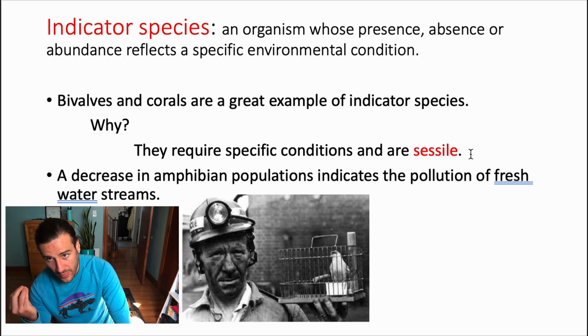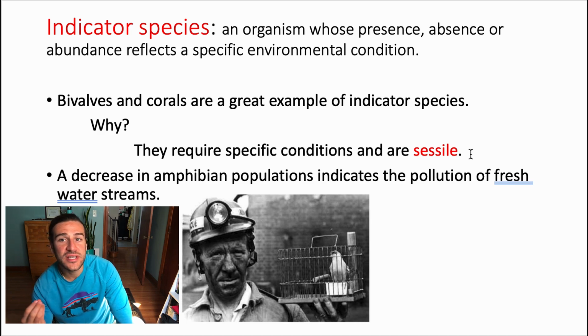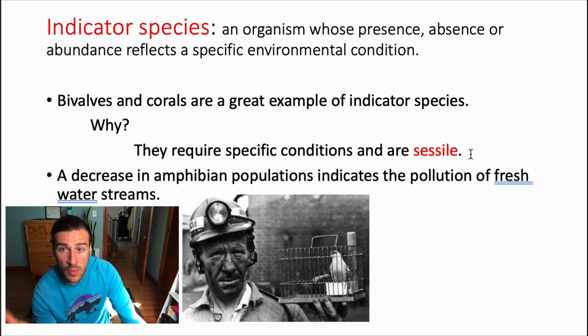So if you're using an indicator species that is motile or moving around, if they have a really large home range, you're not going to know where they picked up that chemical that maybe you're trying to get an indication for. But an organism that is sessile, that stays in one spot, you know that it's going to interact with that specific environment. So those sessile organisms are a great indicator species.